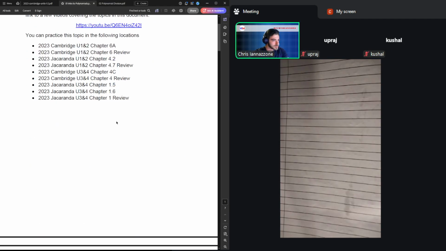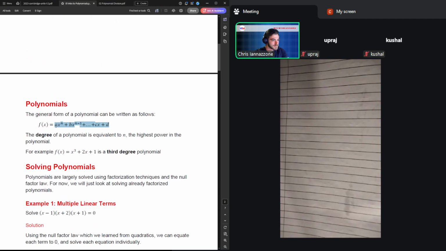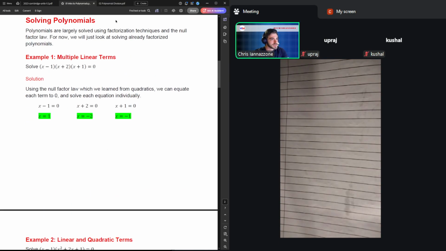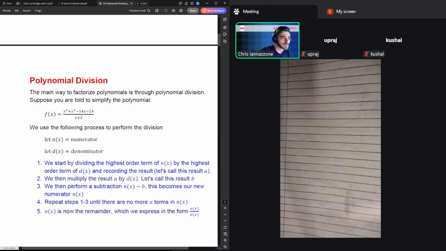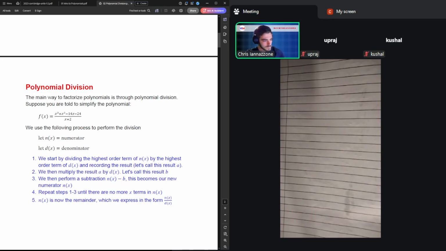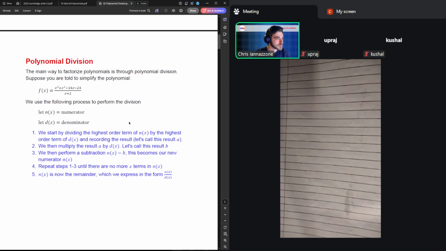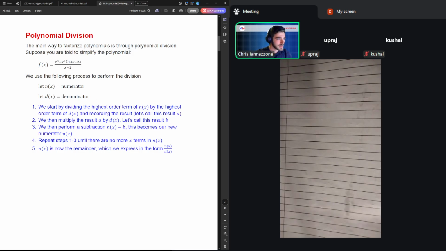Because when it just looks like this, it's very hard to solve on its own. And so polynomial division is eventually working towards a way where we can get it into a factorized form, although it won't be immediately obvious as to why. We'll work our way out there.